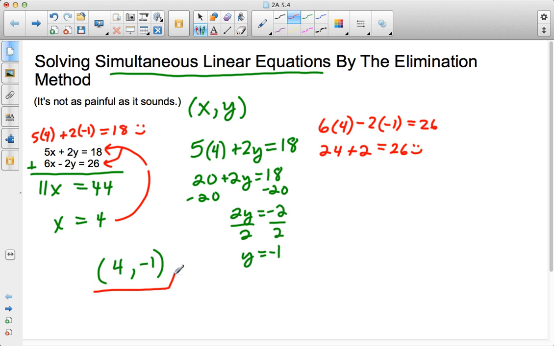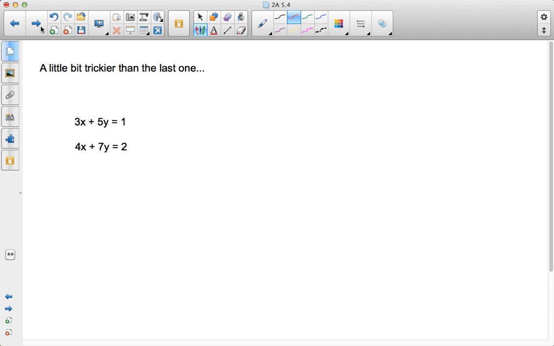That is true. So my solution, when solving simultaneous linear equations using the elimination method, for these two linear equations is 4 comma negative 1.